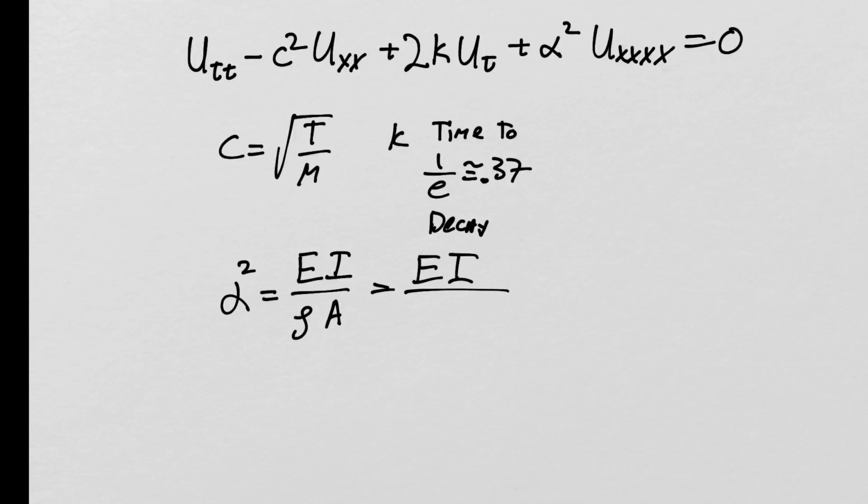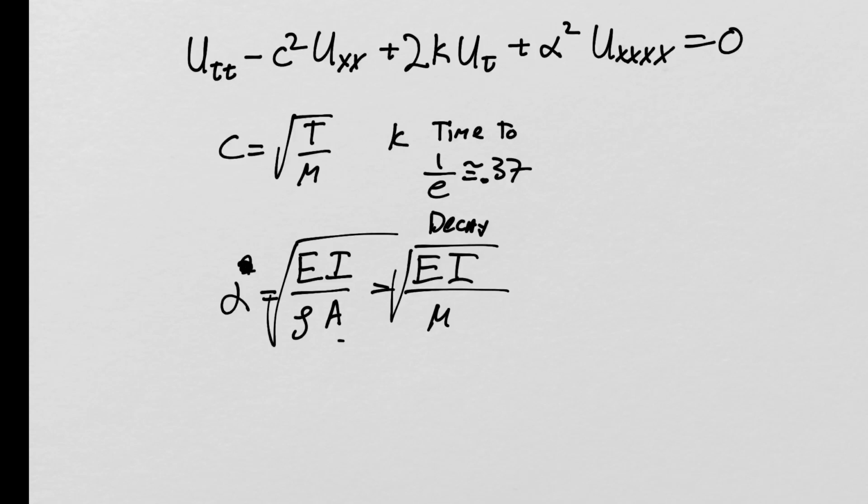Density is mass per length cubed, and area is length squared. So obviously rho A is mass per length, which of course is the linear mass density mu, which is what we typically cite for a guitar string, right? So alpha squared equals EI over mu, and of course alpha equals the square root of these things, all right?